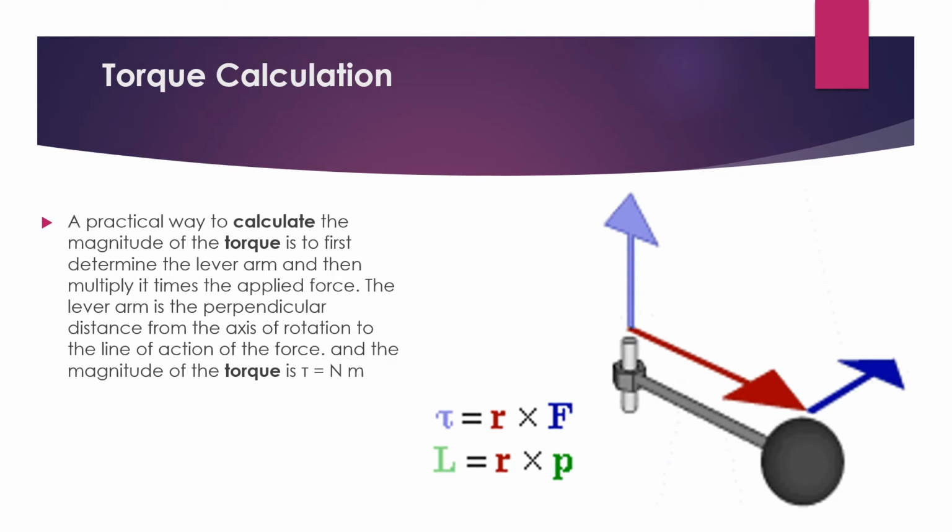You use the lever arm as the perpendicular distance from the axis of rotation to the line of action of the force. The magnitude of the torque is then T, in Newton meters.